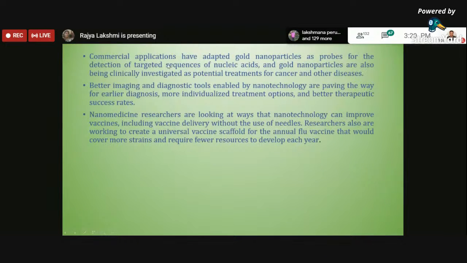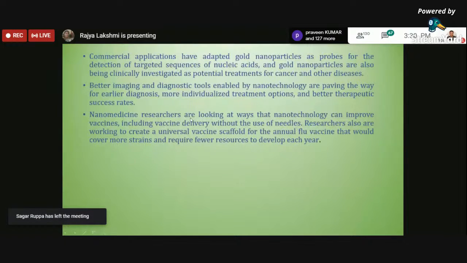And people have adopted various applications in the medical sector and also even the non-medical sector for making medicines, for disease detection, and also for treatment. And nowadays even researchers are looking towards nanotechnology for improving vaccines, including vaccine delivery without the use of needles.